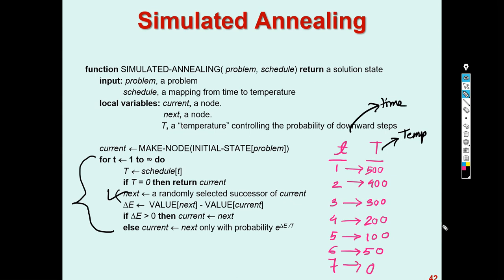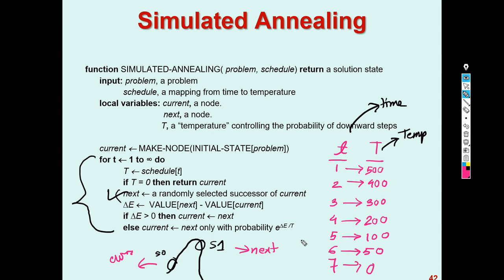Okay, so let's see if the move improves the situation. Let's say we're currently at state 0 and we are looking for state 1. That means the current state is state 0 and the successor that we picked randomly is state 1.